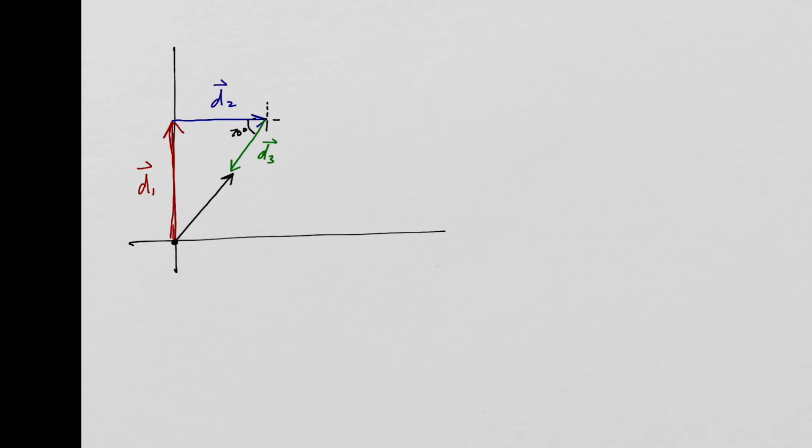This is like d net. Okay, so basically I want to add D1 plus D2 plus D3 to get d net. That's how I'm going to find d net. D net is going to be vector D1 plus vector D2 plus vector D3.